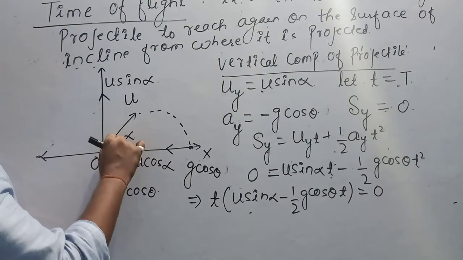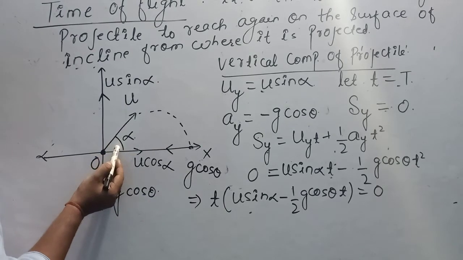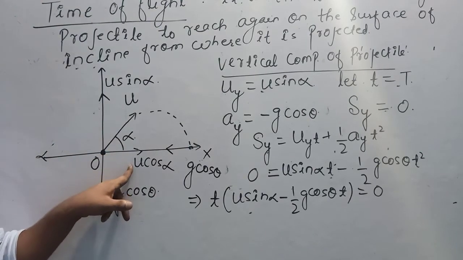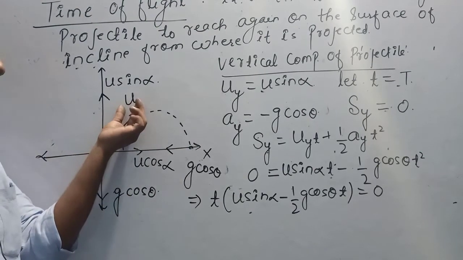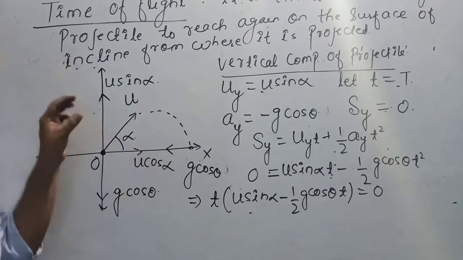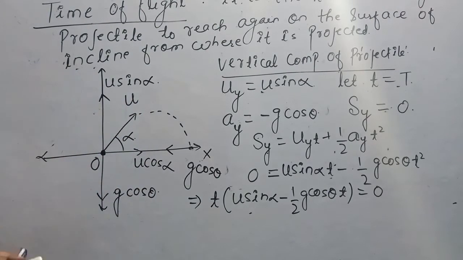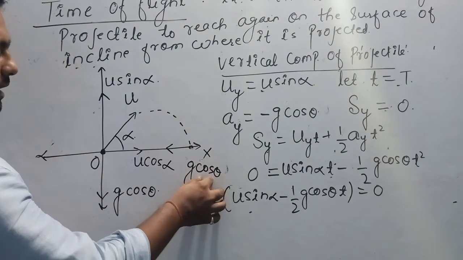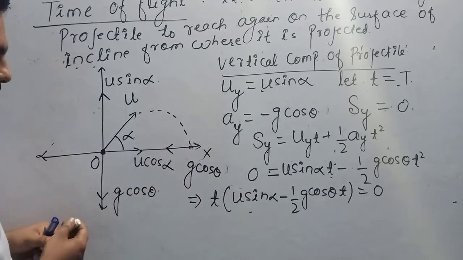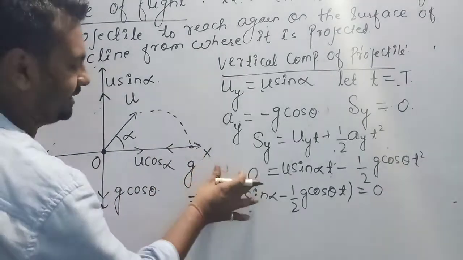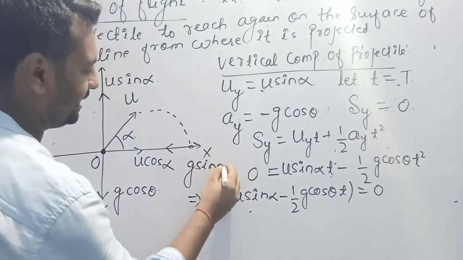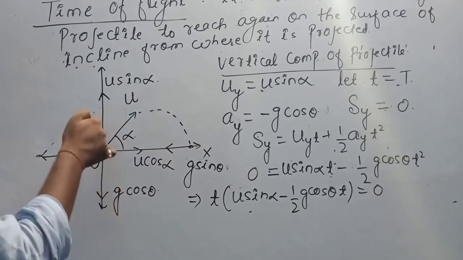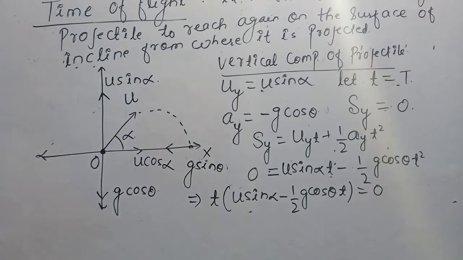This projectile is projected by making some angle alpha with the x-axis. So the components of initial velocity are u cos alpha and u sin alpha. The components of acceleration due to gravity along the x direction is g sin theta, and along the y direction is g cos theta.